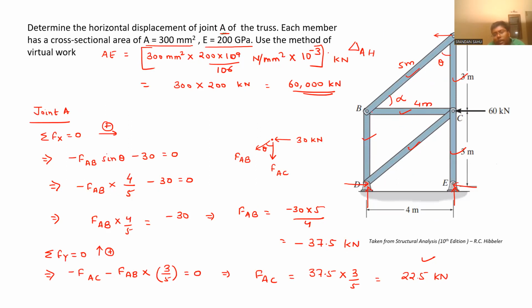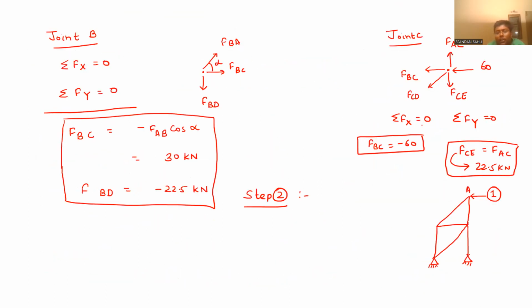This is 4 meter, this is 3 meter, so this angle will be alpha.